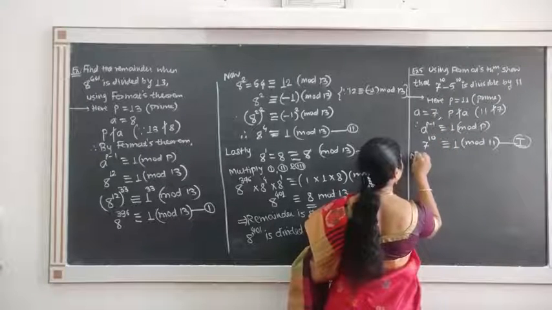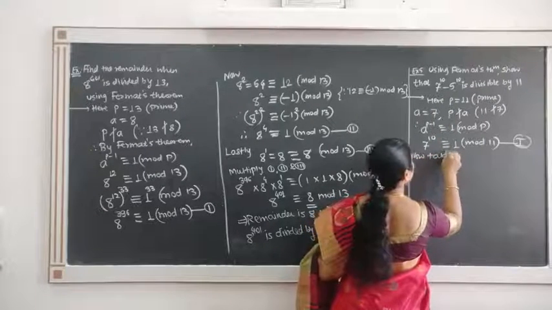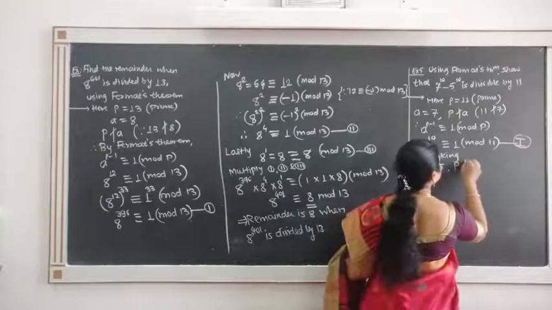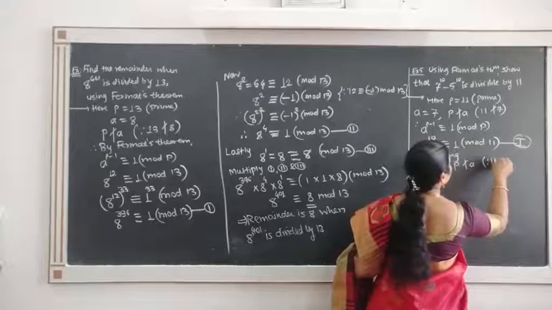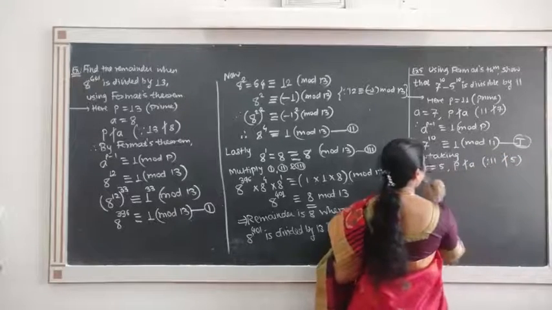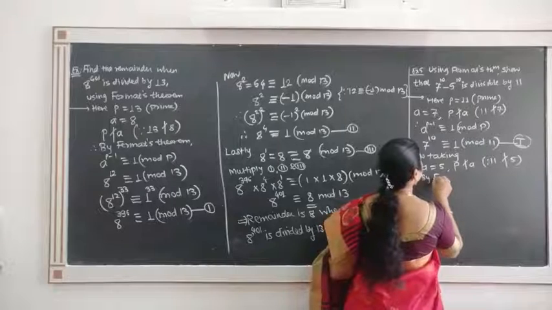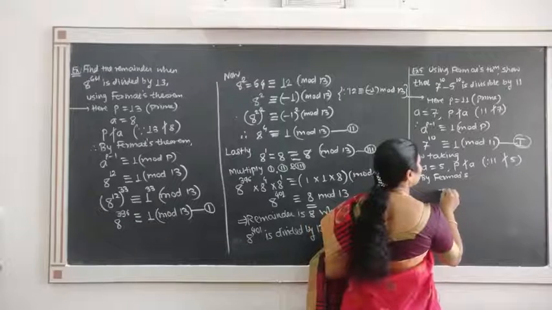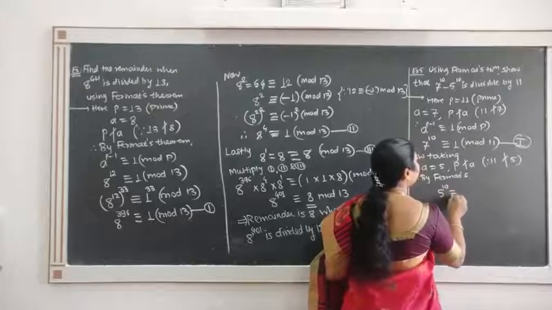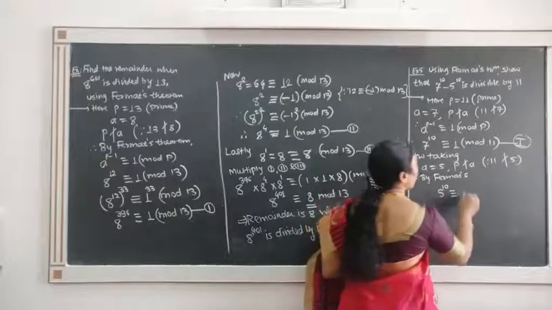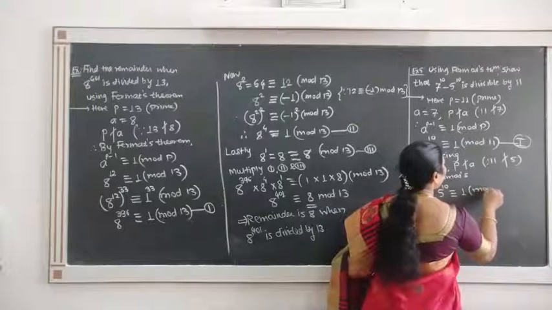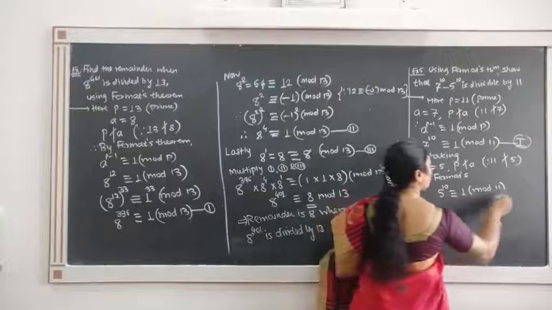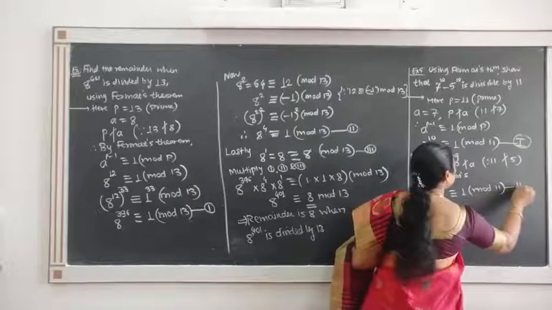If A is equal to 5, P does not divide A because 11 does not divide 5. So again use Fermat's theorem. So we get here by Fermat's theorem A raised to P minus 1, that is 5 raised to 11 minus 1, that is 10, congruent to 1 modulo 11. So 5 raised to 10 is congruent to 1 modulo 11. This is equation second.